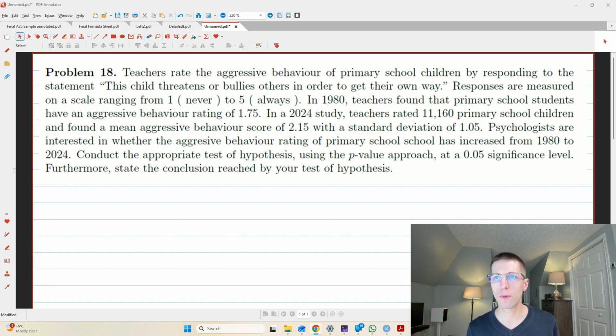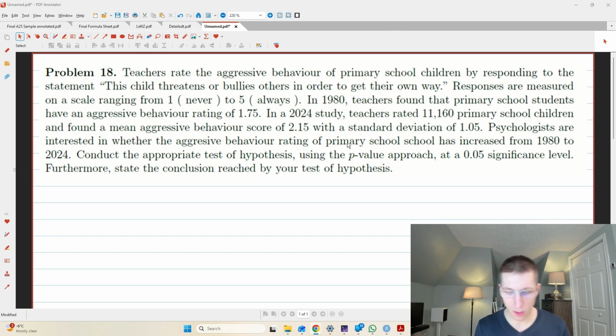And in 2024, a study was done of 11,160 primary school children and found a mean aggression behavior score of 2.15 with a standard deviation of 1.05. Psychologists are interested in whether the aggression rating of primary school children has increased from 1980 to 2024, and were asked to conduct a test of hypothesis using the p-value approach. Alpha is 0.05, and state the conclusion reached by your hypothesis test.